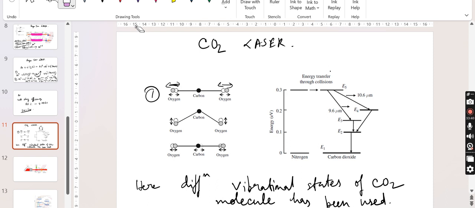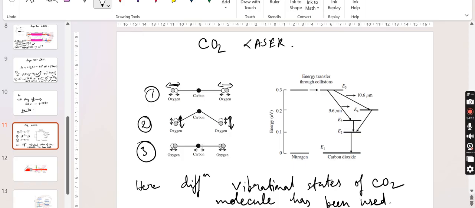So when bent, if the oxygen atoms vibrate along this line, that's another state of vibration. And in another state of vibration the carbon is also vibrating and the oxygen is also vibrating. As the carbon is vibrating, the oxygen is not vibrating on its own, but its position is getting changed, and it can also happen that the oxygen is vibrating along with carbon.